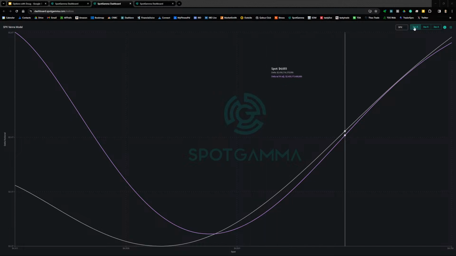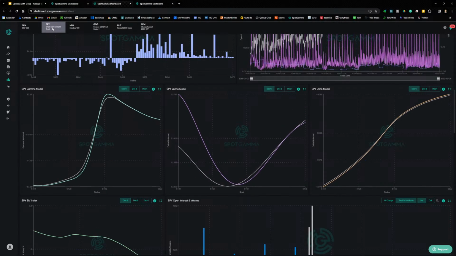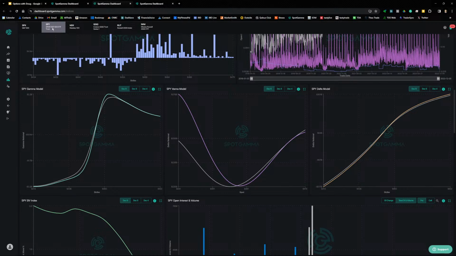All right, so that's SPX. Again, at the bottom of the curve, SPX, not showing much of a Vanna headwind or tailwind, pretty typical of a positive gamma environment. Let's check SPY. SPY trading right around 456.